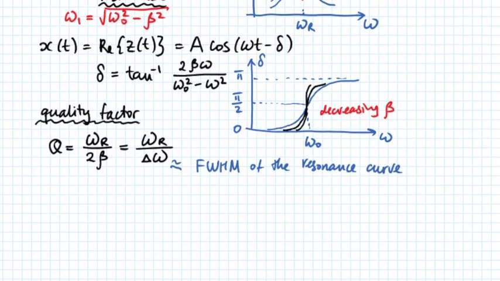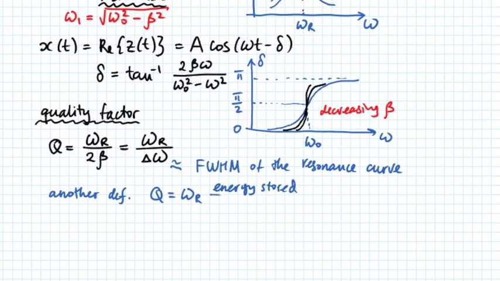Another definition of the quality factor is given in terms of the ratio of energy stored over the power loss, equal to resonant frequency times the ratio of energy stored in the oscillations divided by power loss, which has the physical meaning of number of oscillations before energy is dissipated.